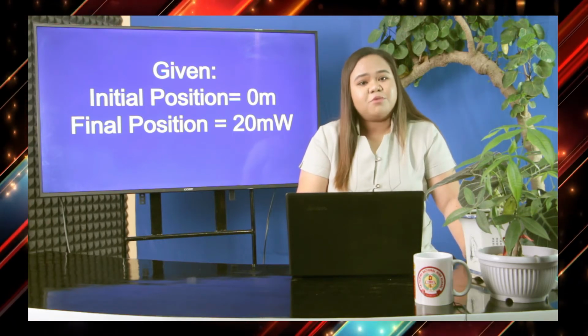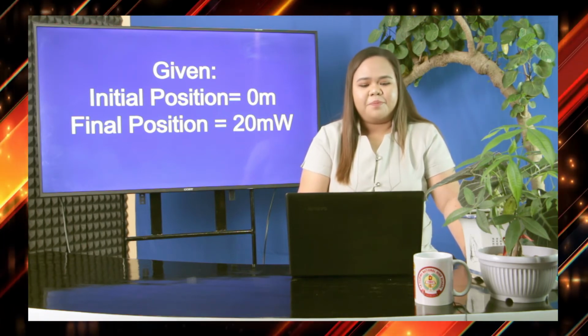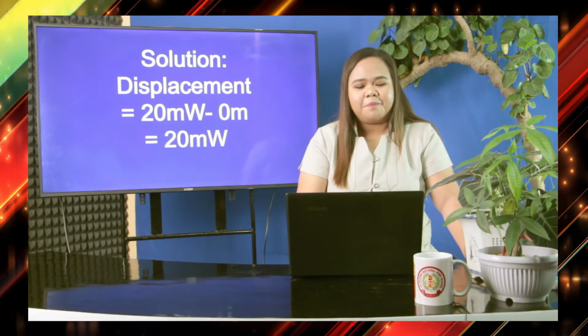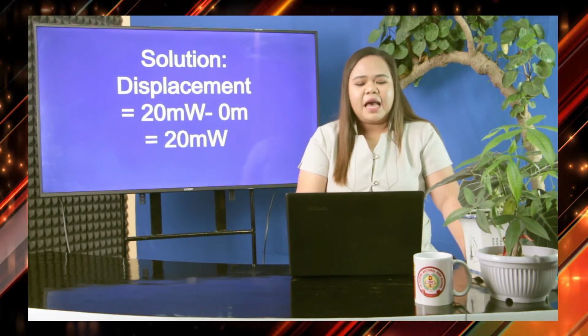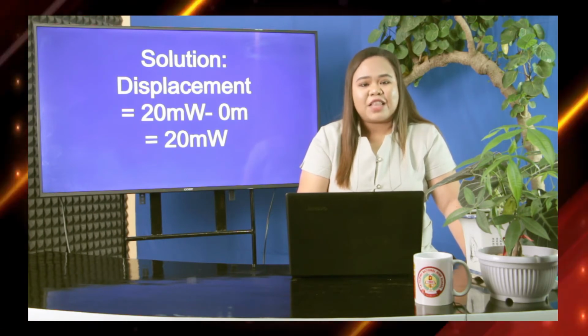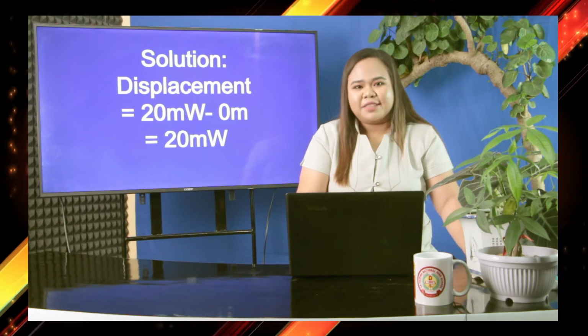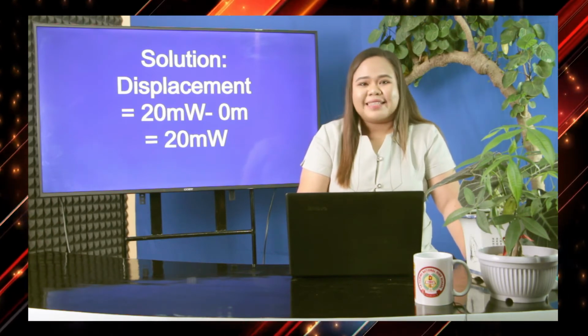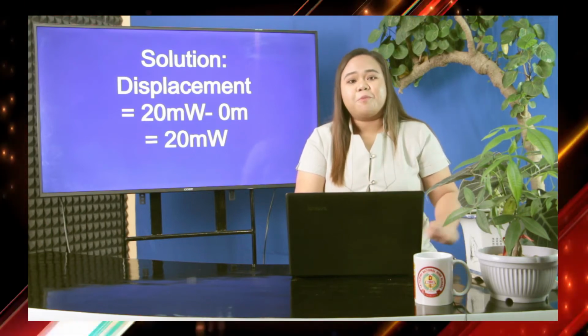You just have to subtract final position minus initial position. Thus, we can have the solution. Displacement is equal to 20 meters west minus 0 meter, and that will be equal to 20 meters west. Thus, Elsa's displacement is equal to 20 meters west. Okay? Now, let's have another problem.